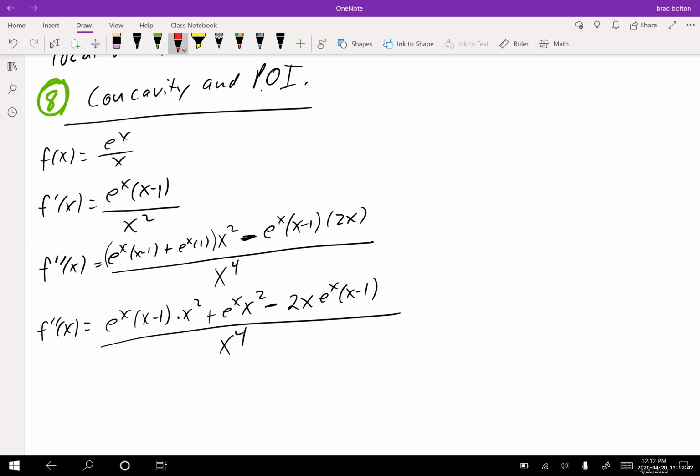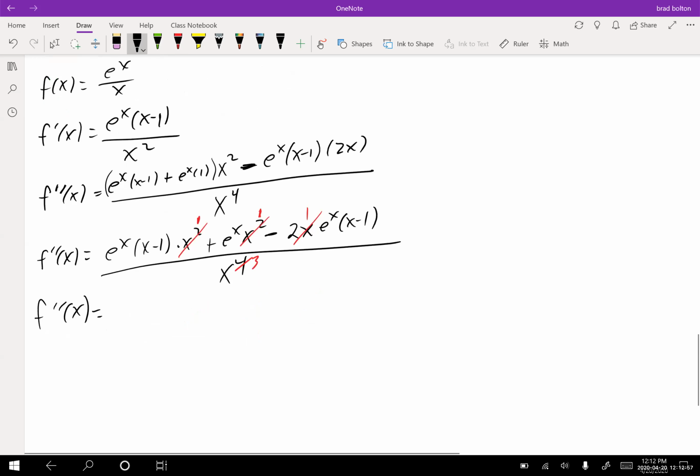Now you notice that every single term has an x in it, so I can divide by x from all of them. So this will be 1x, or just a 1. This will be x to the 1, and this will be x to the 1, and this will now be x to the 3. So let's do a little bit more cleanup.